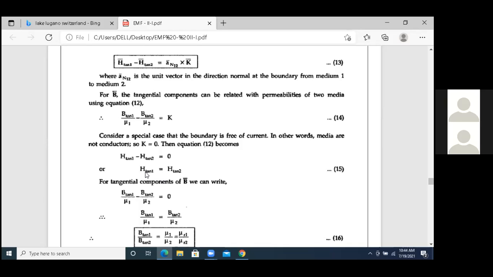But remember, B equals mu H. So if we substitute the B for H with the mu, we end up with this.